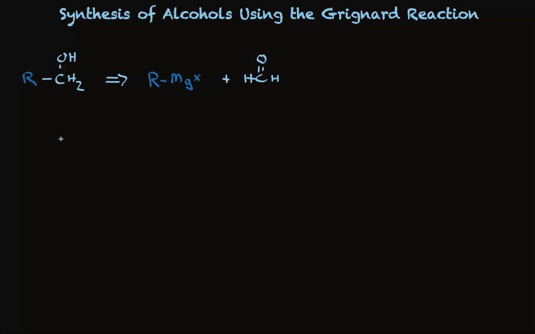If we look at a secondary alcohol, R group here, different R group here. When we're plotting that, we could envision either this alkyl group or this alkyl group coming from the Grignard reagent. So there are two possibilities.